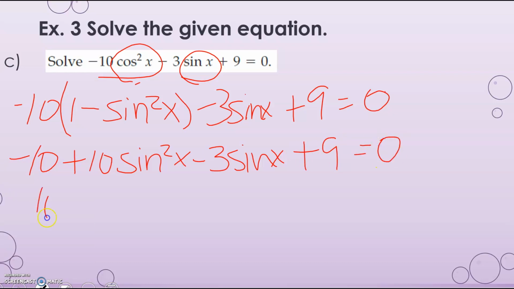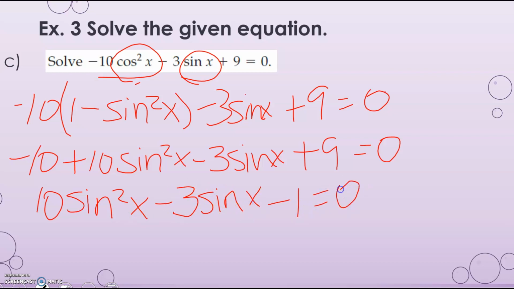Consolidate, so we're going to get 10 sine squared x minus 3 sine x minus 1 equals 0, which we know to be an equation in quadratic form.